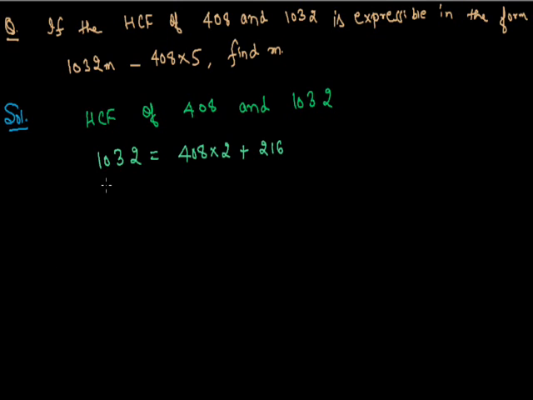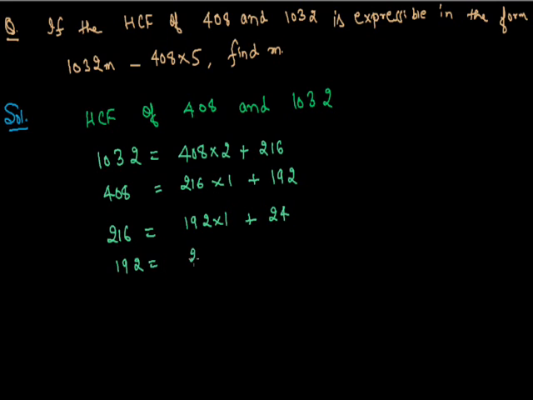Now 408 can be written as 216 into 1 plus 192. So 216 is equal to 192 multiplied by 1 plus 24. 192 equal to 24 multiplied by 8 plus 0.